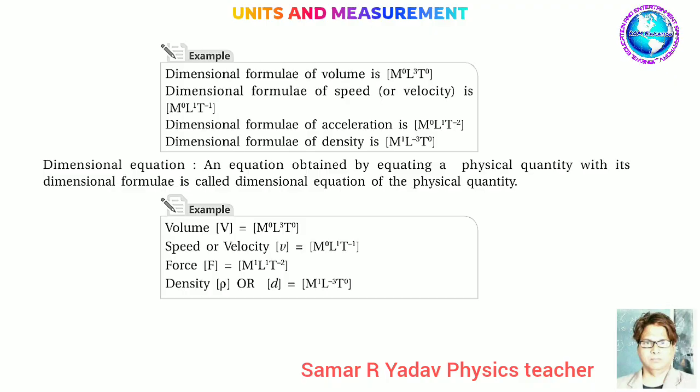Speed or velocity V is equal to [M^0 L^1 T^-1]. Force F is equal to [M^1 L^1 T^-2]. Density rho or D is equal to [M^1 L^-3 T^0].